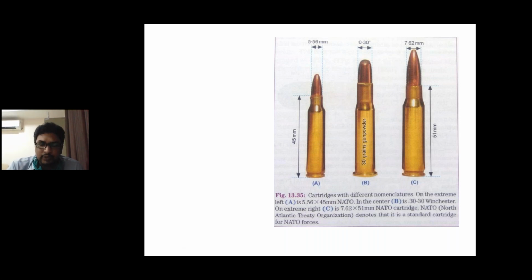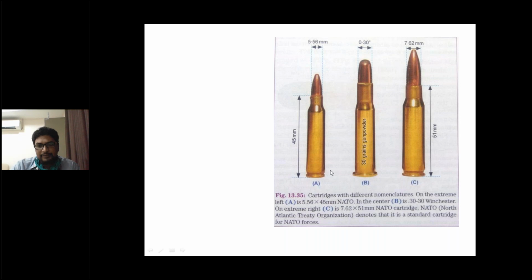Only the bullet will move forward, and the cartridge case will fall at or near the feet of the firer, or it can eject by itself by automatic ejection. Sometimes, if it is not an automatic ejection firearm, it will stay within the gun barrel.